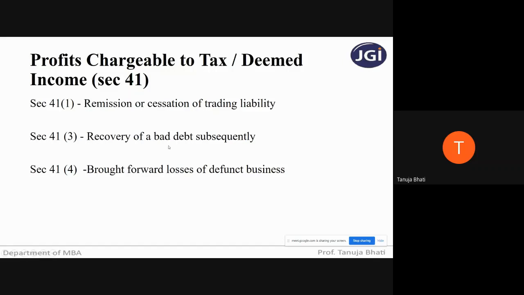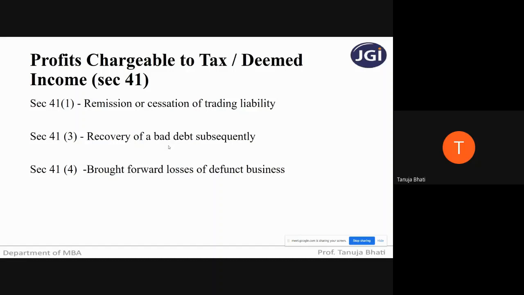For example, for this particular year you know that a particular debtor is not going to pay you the amount, so if you're certain about it, you will record it as bad debts, which you will show on the debit side of the P&L account. And yesterday we have seen that bad debts is an allowable expenditure, so for this particular year you will take the benefit of that expenditure.